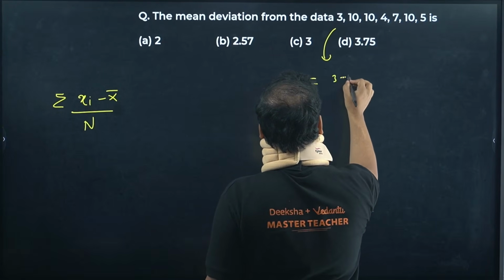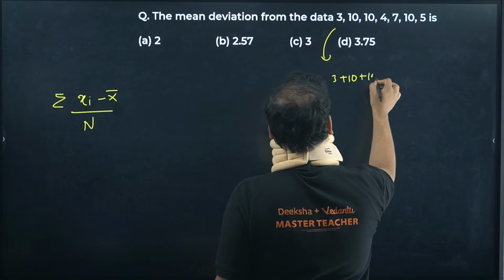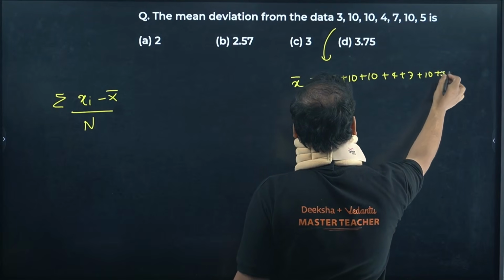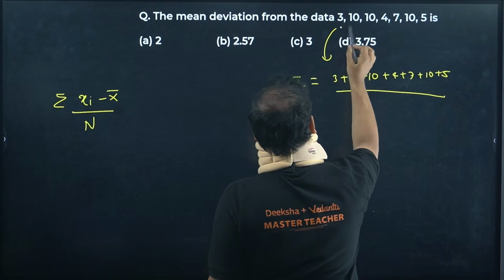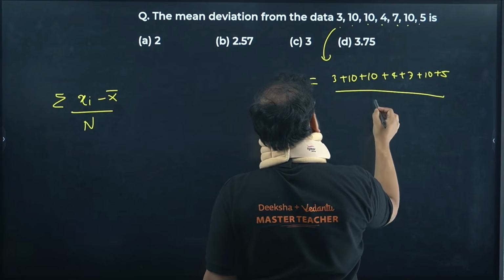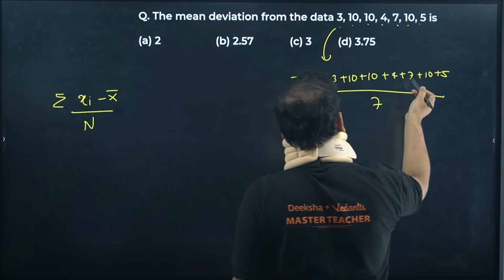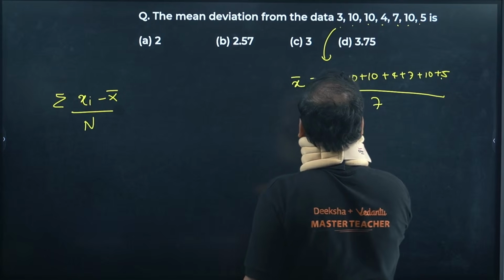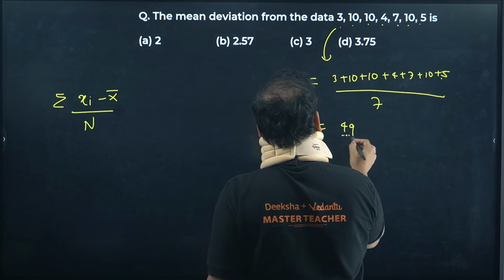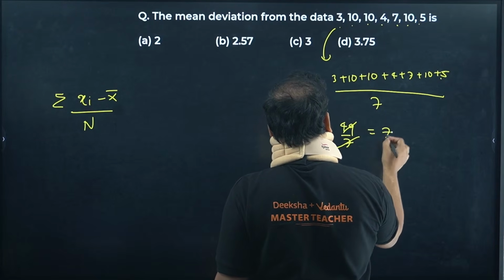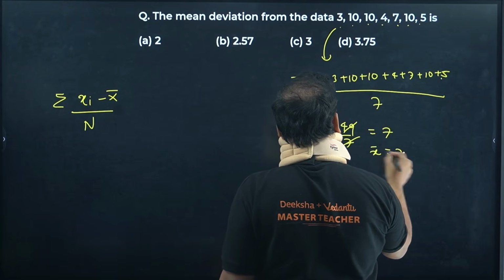The number of elements is 1, 2, 3, 4, 5, 6, 7. The sum is 13, 23, 27, 34, 39, 49. So 49 by 7. I get the value as 7. The x bar value is 7.